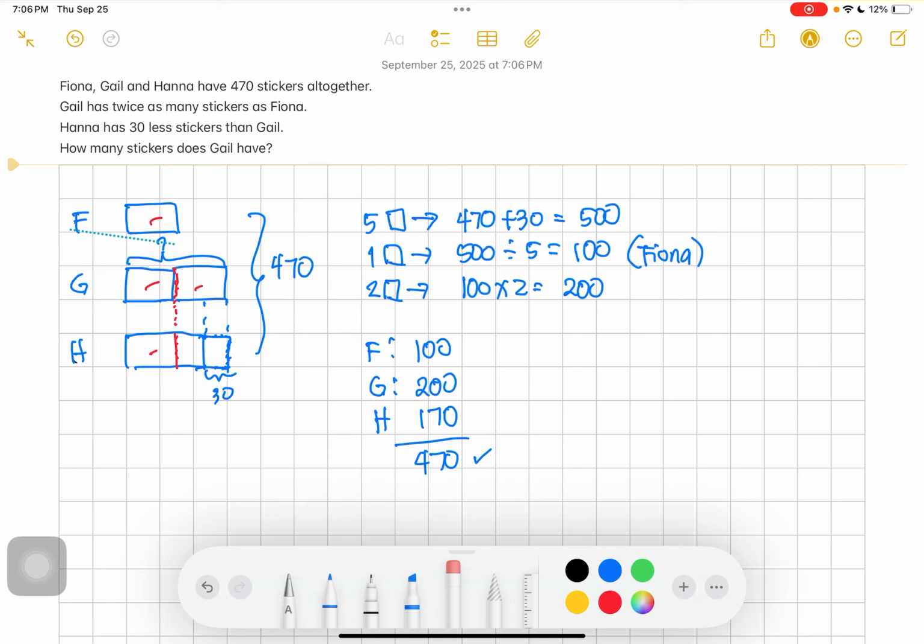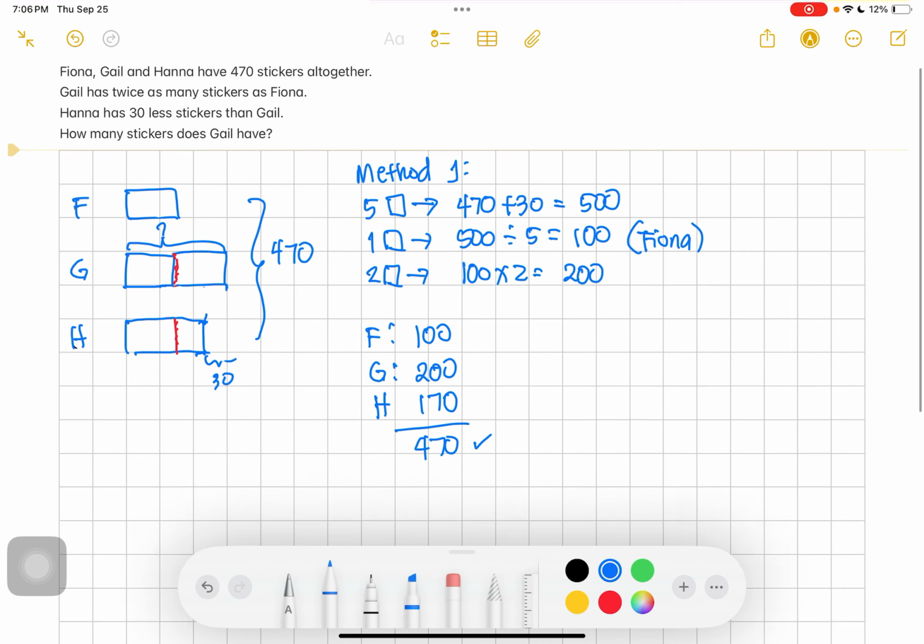Another method that we can use is removing the extras, just like the one earlier. So we can remove the extra units. We can remove the extras so we can have equal units. Let's try that out. So let's name this as method 1.